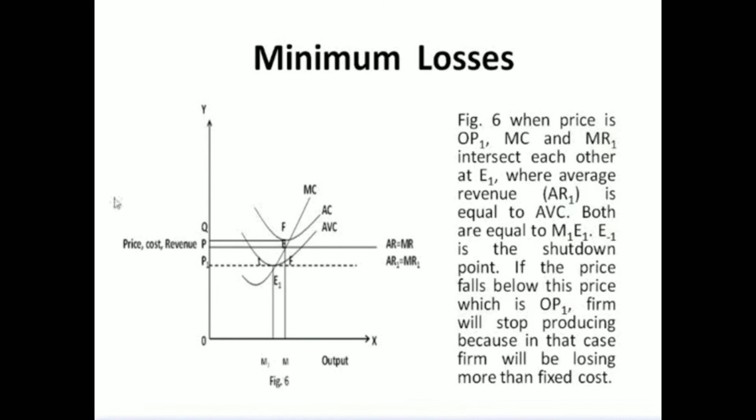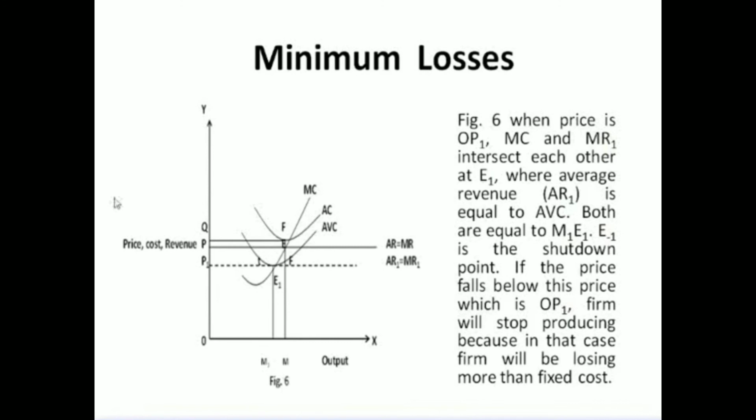Here the AR, or average revenue, is covering only AVC, or average variable cost. Average revenue is covering just AVC. Fixed cost here is fully lost. The firm is unable to recover any of its fixed cost of production.